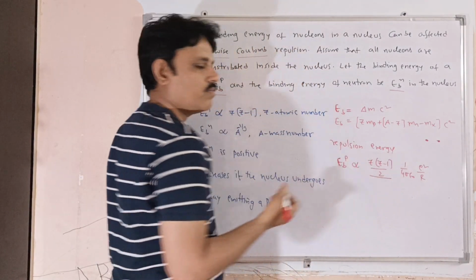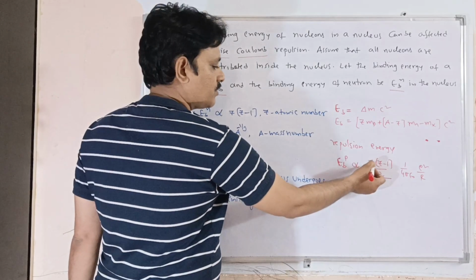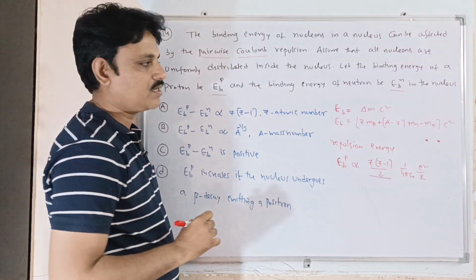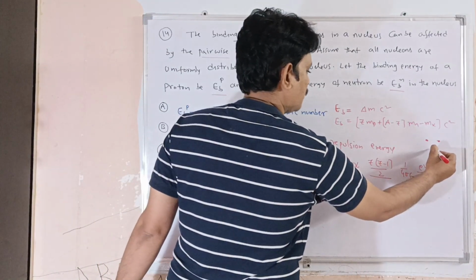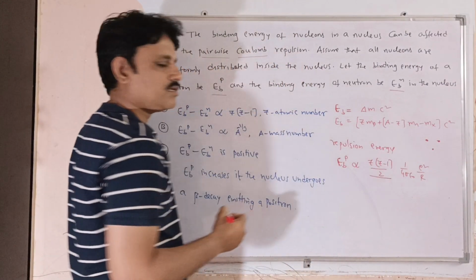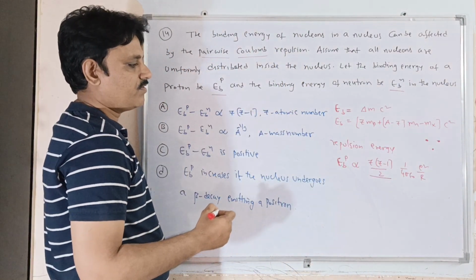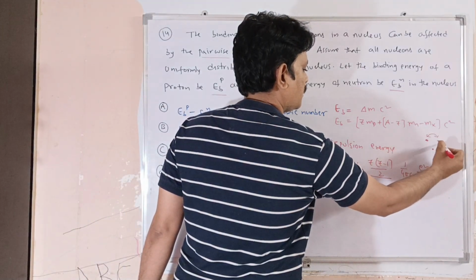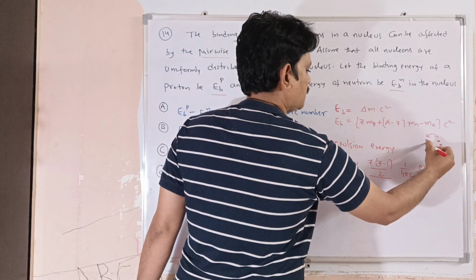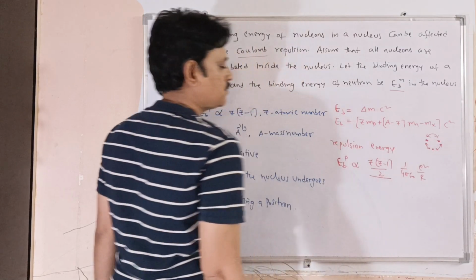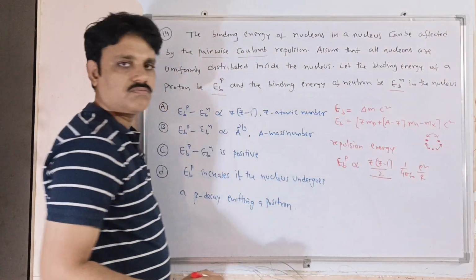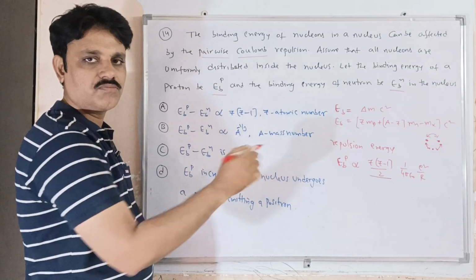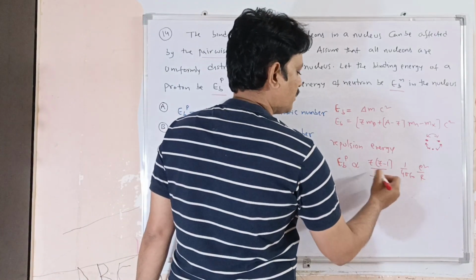If you substitute 3, so 3 protons, there are 3 pairs: this is 1, this is 2, this is 3. So 3 into (3 minus 1) by 2 is nothing but 3.